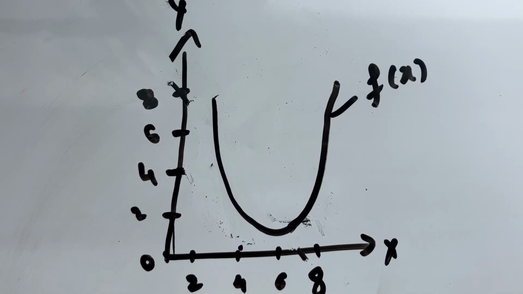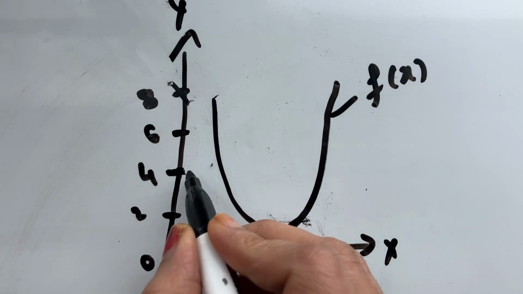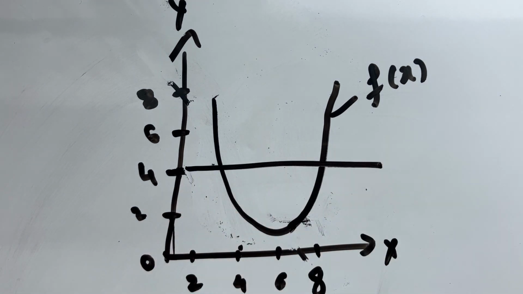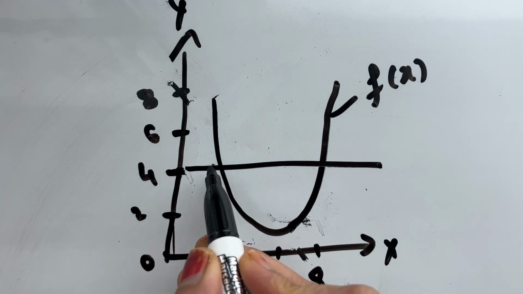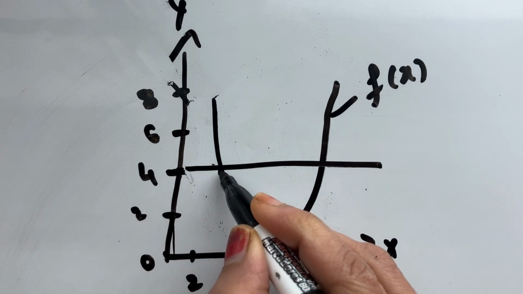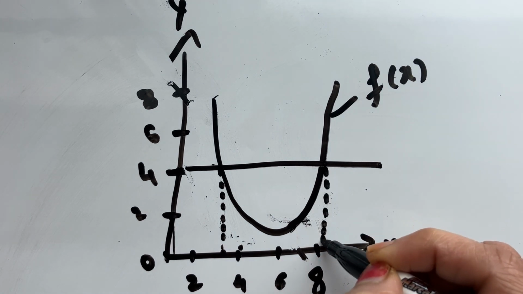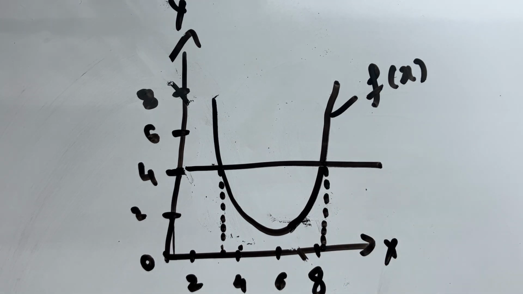Suppose a graph is given like this, and you are asked to find whether this function has an inverse or not, how do you find? Take a horizontal line again. Here y, that is f of x, is produced by how many inputs? Our output is produced by 2 inputs.